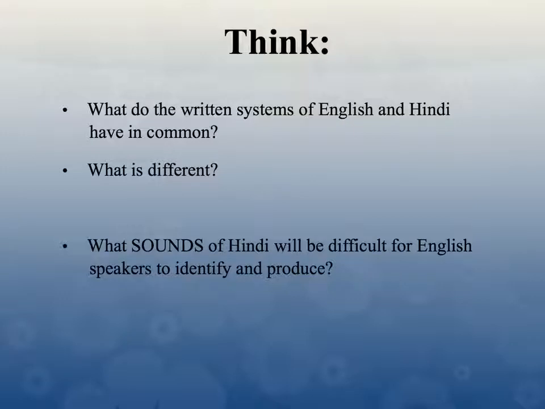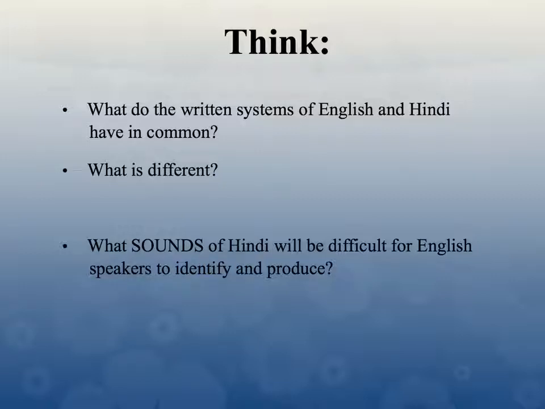If we think about written systems, what do the written systems of English and Hindi or Urdu have in common? And what is different? What sounds would be difficult for English speakers to identify and produce? The reason I'd like you to think about this is we want to go back to that idea about skills transfer, and what kinds of skills are common and which ones are different.